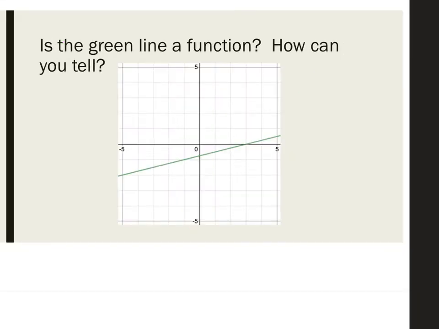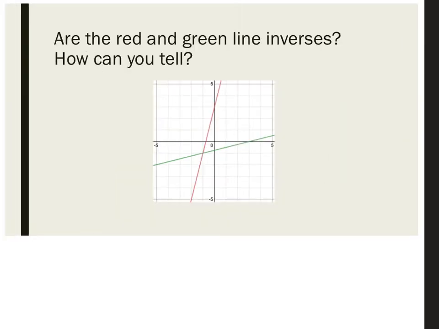Looking at this green line, is it a function? Of course, the answer is yes, for the same exact reason: vertical line test. New question. Are the red and the green line inverses, and how can you tell? There are a couple different ways. One way is to look at some ordered pairs.